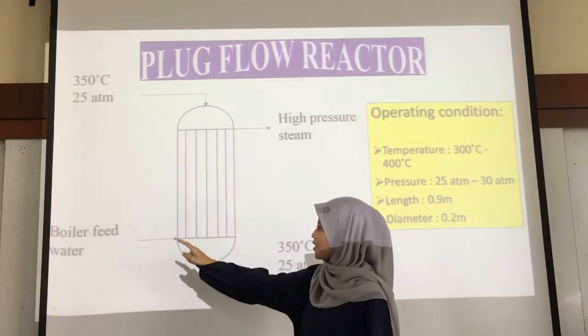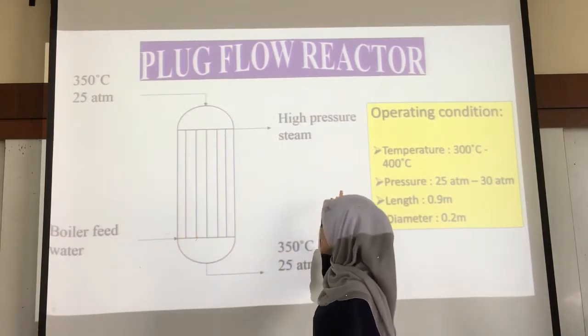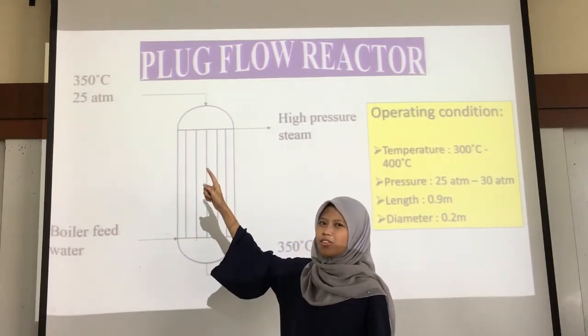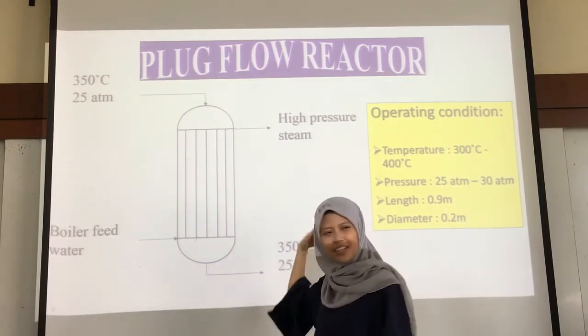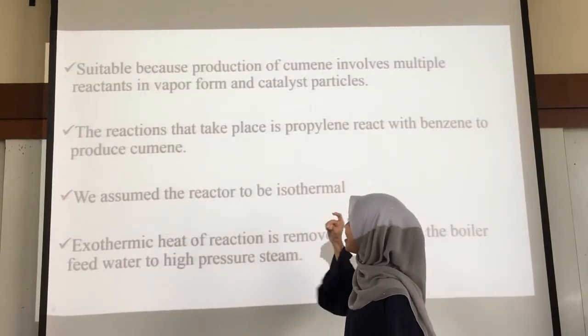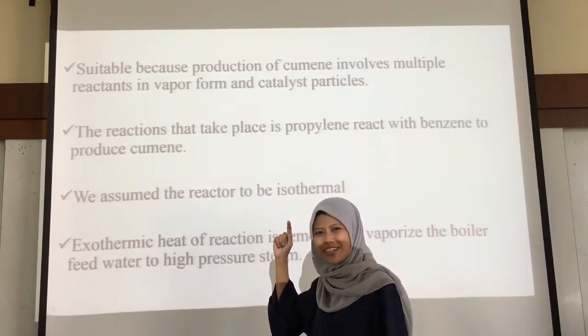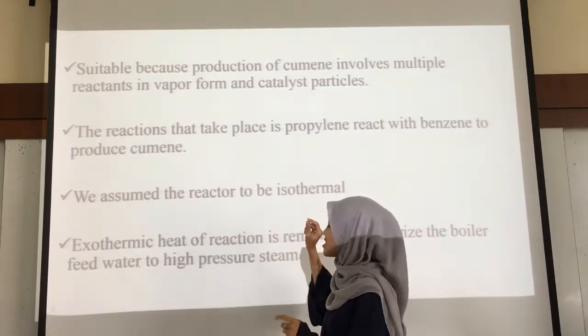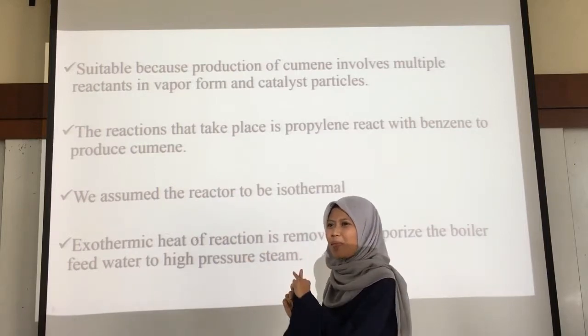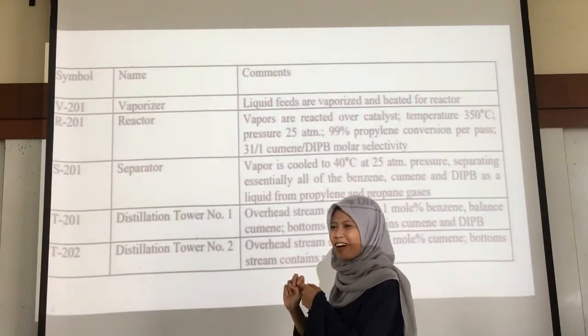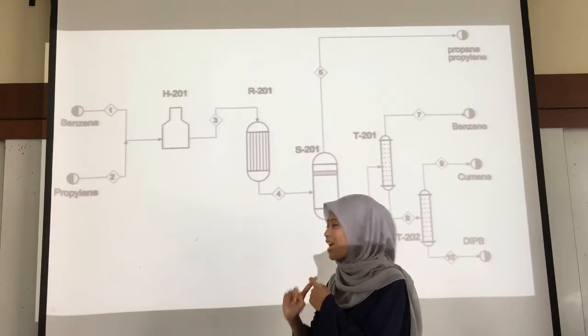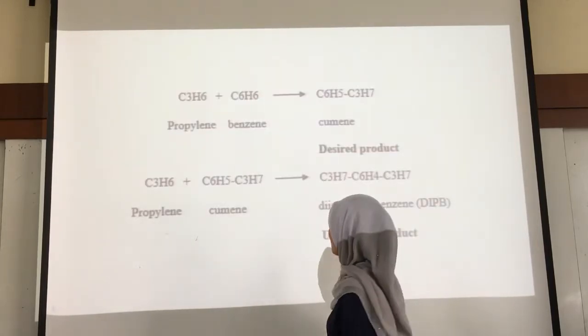The boiler feed water will enter and produce high pressure steam, and there are two reactions that occur, as my second moderator said just now. Propene and benzene become cumene, and propene and cumene become diisopropyl benzene.